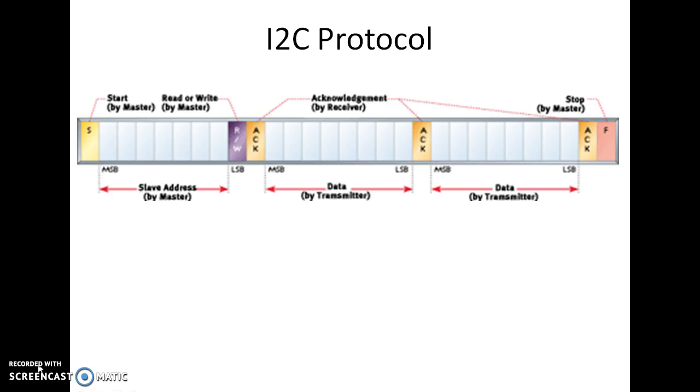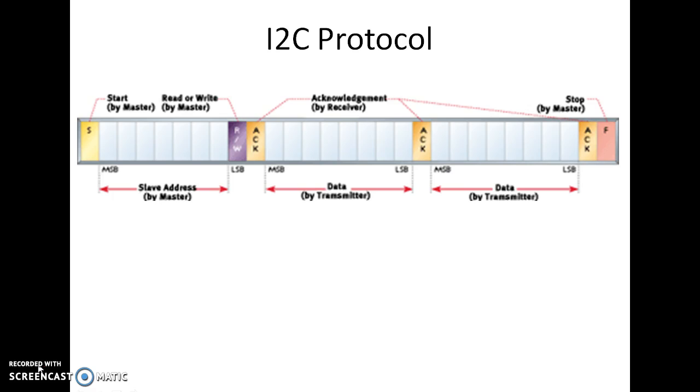After the start bit, it will send a 7-bit slave address. That slave address is also issued by the master. After the slave address, the master will issue a read or write bit. Based on whether the master is a transmitter or a receiver, that bit will be either 0 or 1.